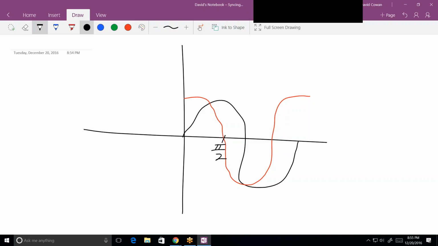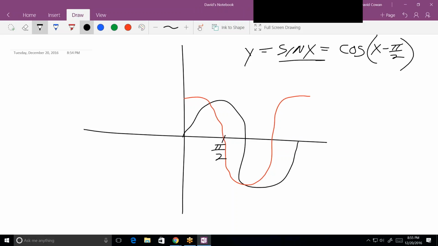it would look exactly like the cosine or the sine curve, right? So I can say that the sine curve is the same as the cosine curve shifted to the right by pi over 2, which I would write like that. So those two statements are true. The sine of an angle is equal to the cosine of x minus pi over 2.